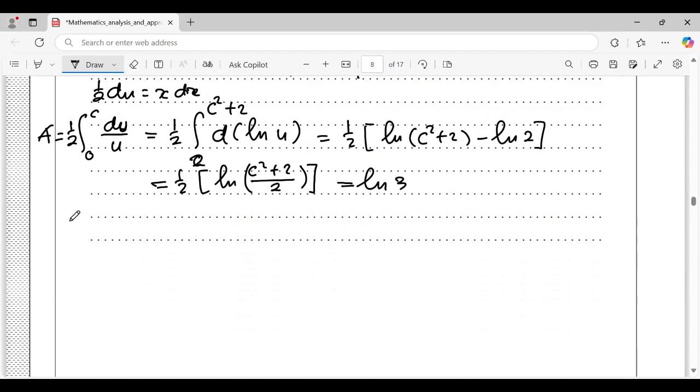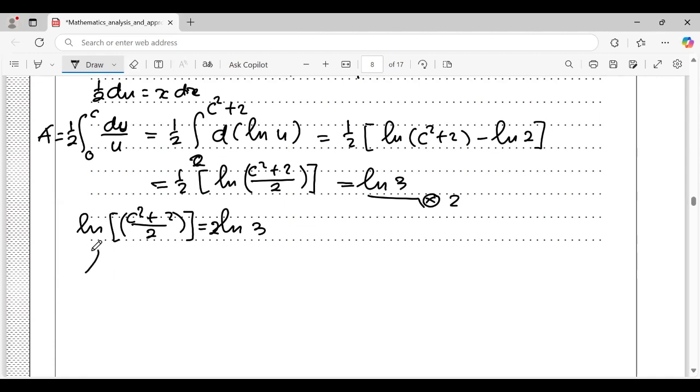So we can rearrange, it becomes ln (c squared plus 2)/2 equal 2 ln 3. Okay, because this is multiplied by 2.